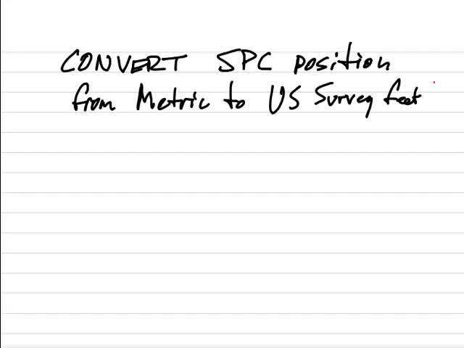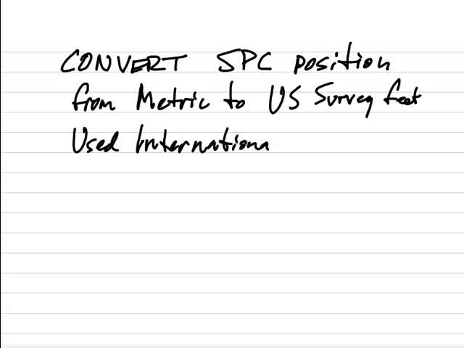Here's another unit conversion problem, and it starts out fairly simple. We need to convert a state plane coordinate position from its metric native units to U.S. survey feet. Well, let's say you set out to do this, but instead you used international feet by mistake.